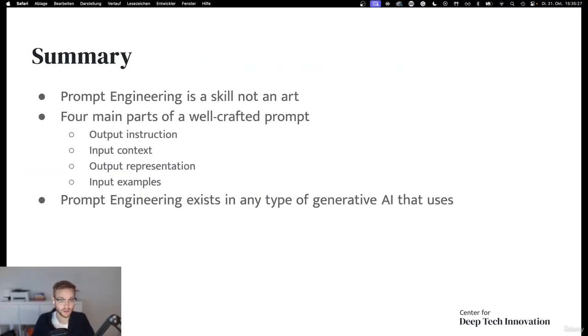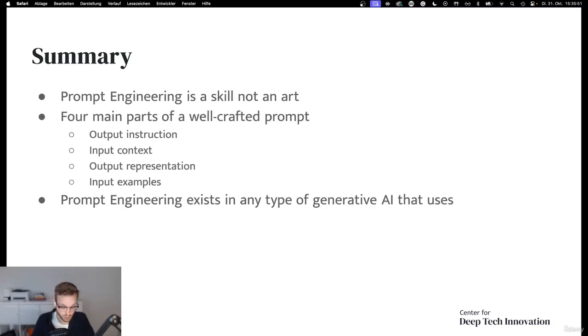It's an engineering method on how you can apply certain tools to modify the output of what you want. There are 4 main parts of a well-crafted prompt: the output instruction, the input context, the output representation, and the input examples.